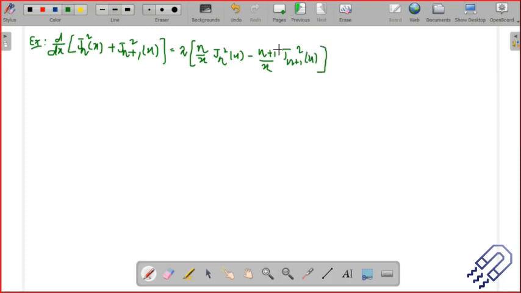You have to prove this. So think about it, think on the left hand side and try doing it.